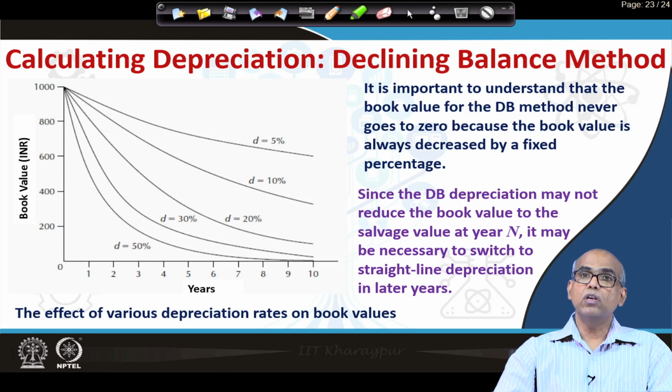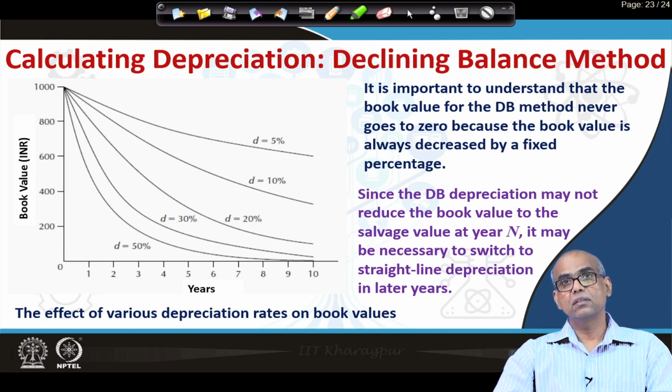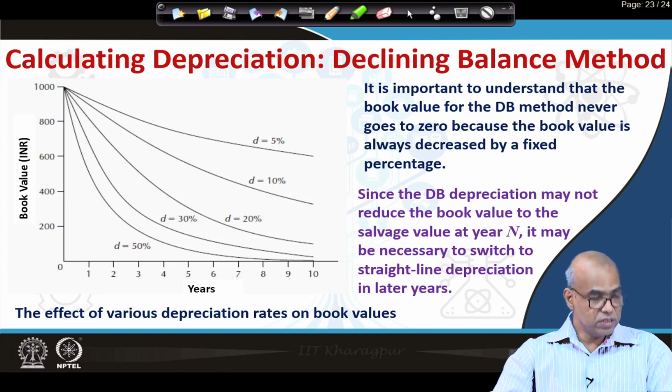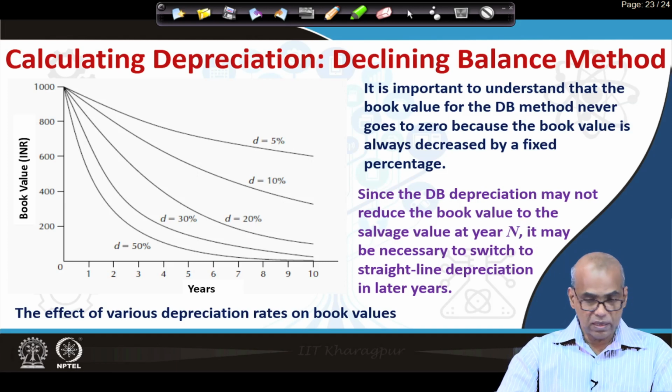The tax laws will not allow you to charge more than salvage value. And if you depreciate up to the point which is less than the salvage value, you are losing the tax benefit. So, we will see what to do in the later slides.